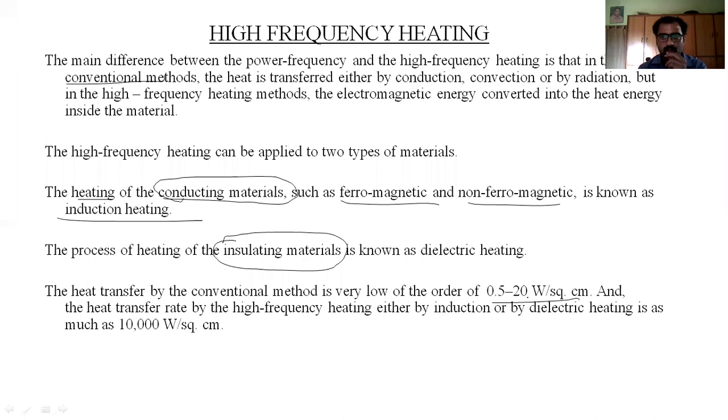You get this transfer of heat through conduction, convection, or radiation. Whereas high frequency heating is 500 times that when compared with 20, which is 10,000 watts per square centimeter.